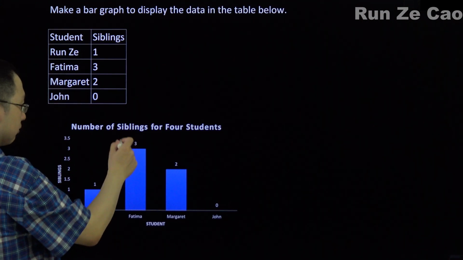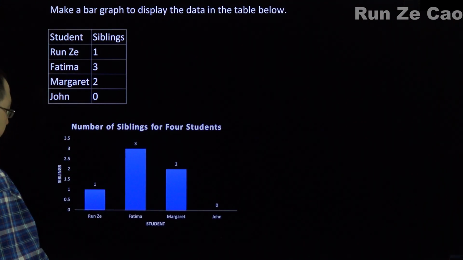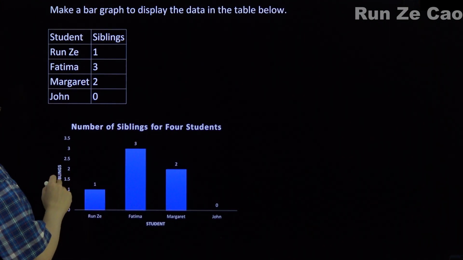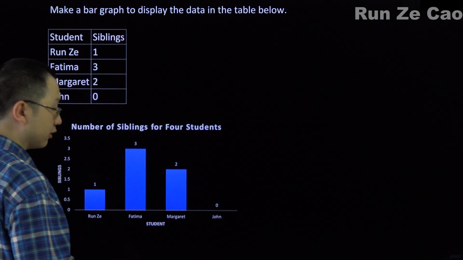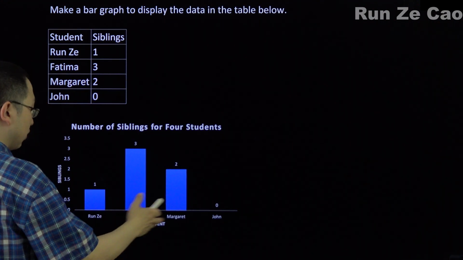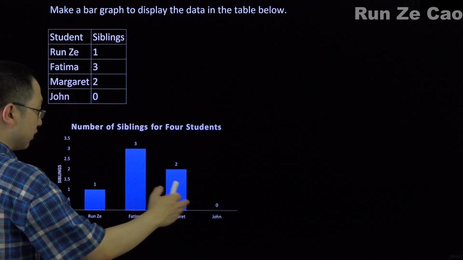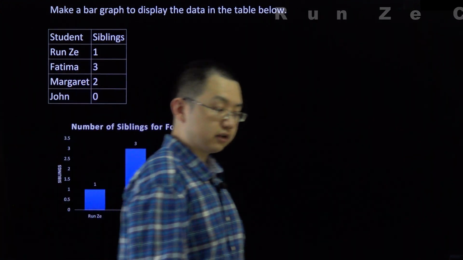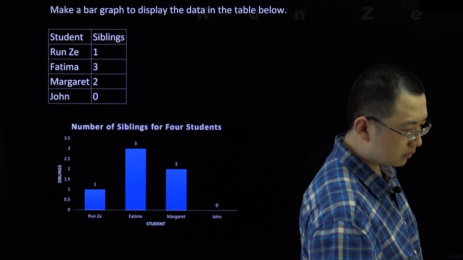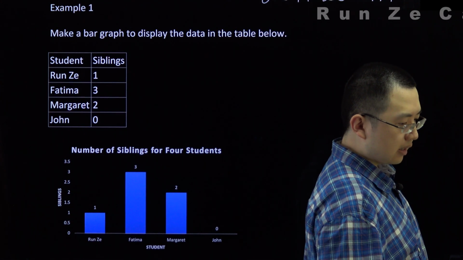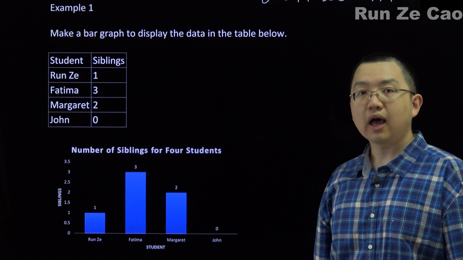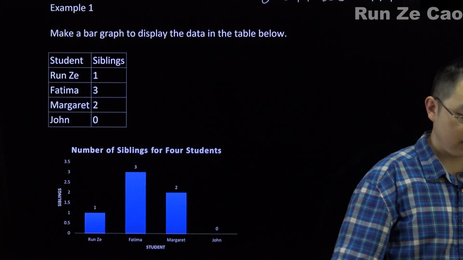They're just there to make it more clear. What is required is that we put a title and we label the axes for what they represent. In this case, the horizontal axis is for the different students, and the vertical axis is for their number of siblings, because that is the two bits of data that we have that are corresponding with each other.